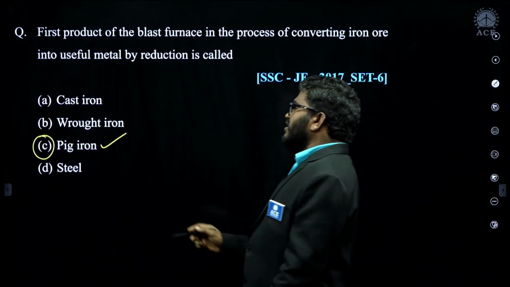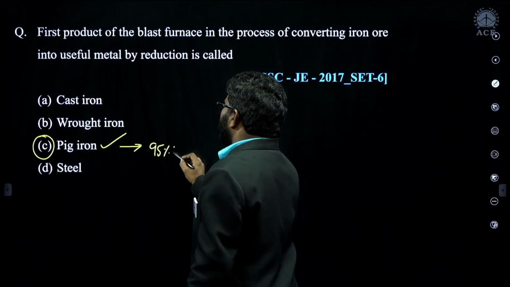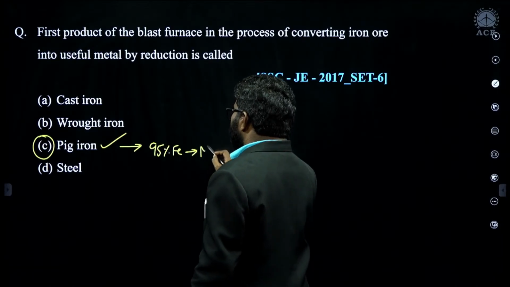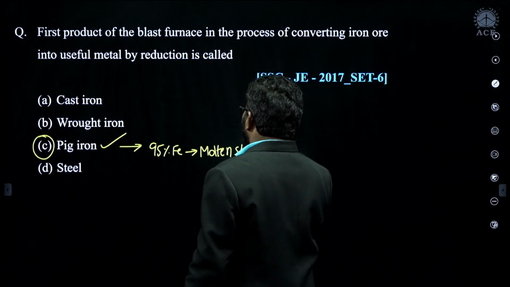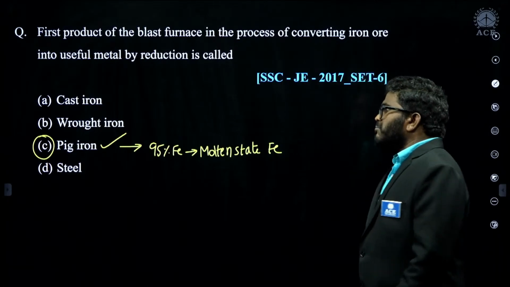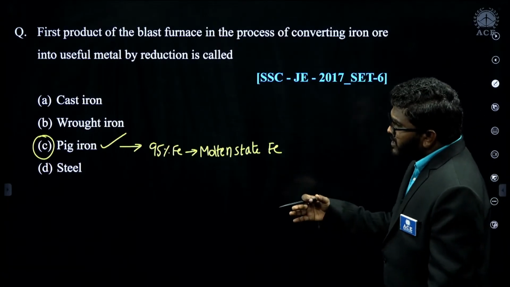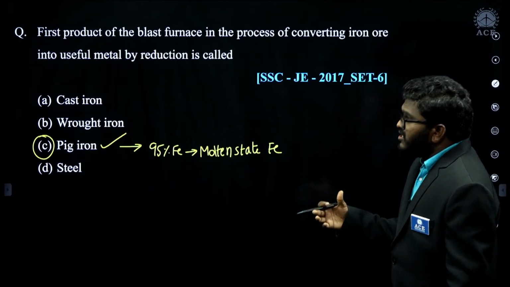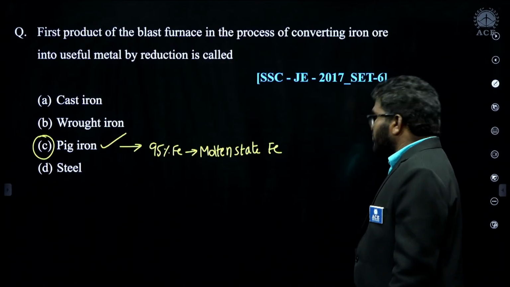Pig iron has approximately 95% pure iron. It is the molten state of iron produced from the blast furnace. Based on the percentage of carbon, we get steel, wrought iron or cast iron.